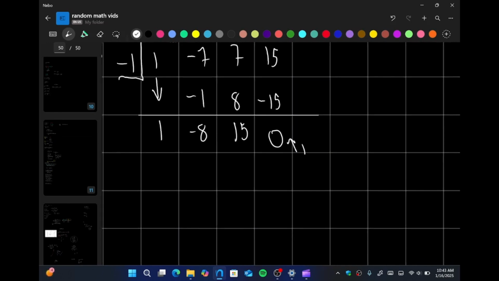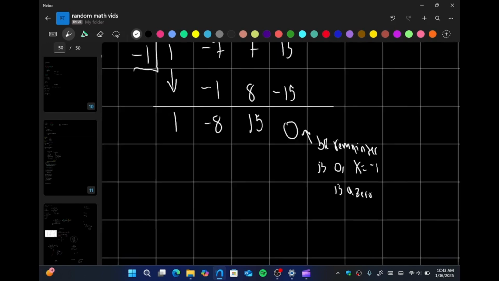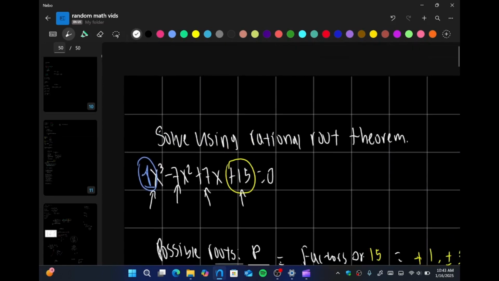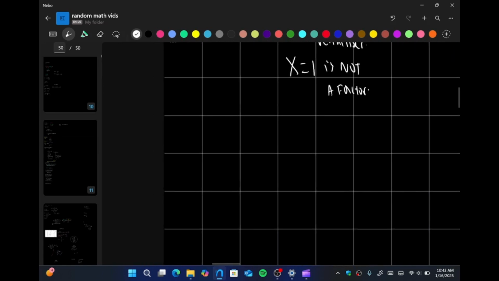So because the remainder is 0, x equals -1 is a zero. So we know that in this case, one of the zeros is x equals -1.